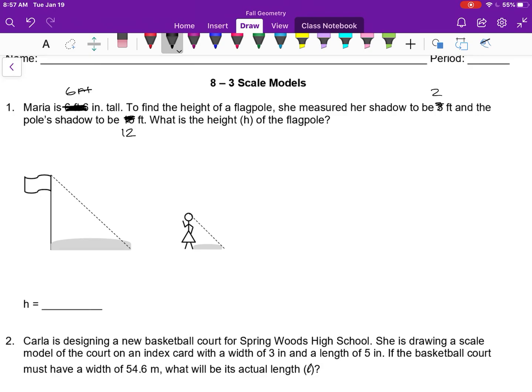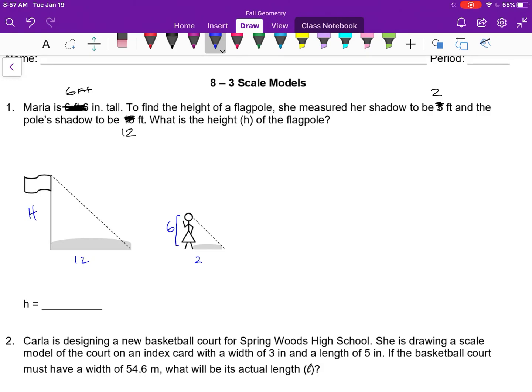What is the height of the flagpole? So in this situation, her height is 6 feet, because it's her height. Her shadow happens to be 2 feet, and the pole's shadow happens to be 12 feet. If we're looking for the height of the pole, that's my H.